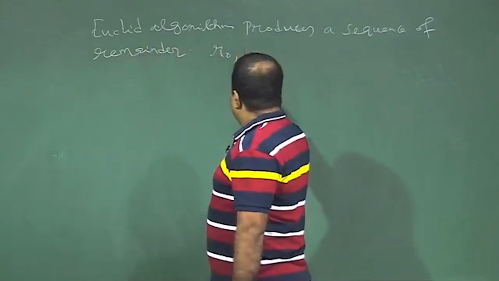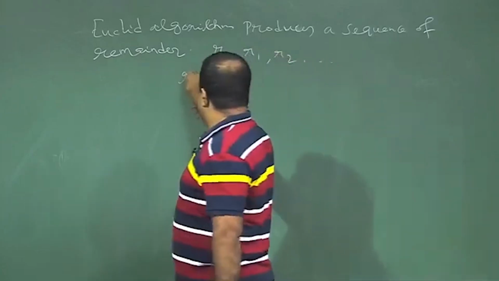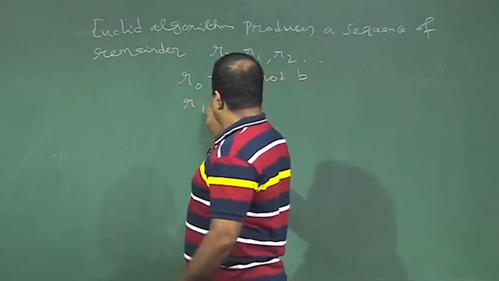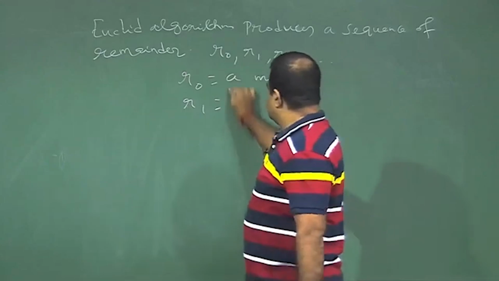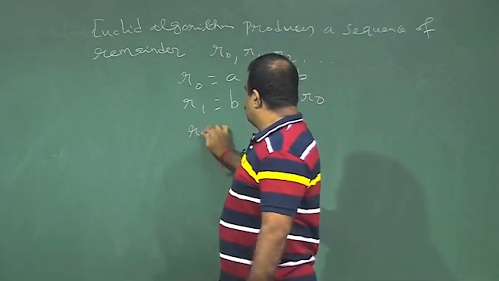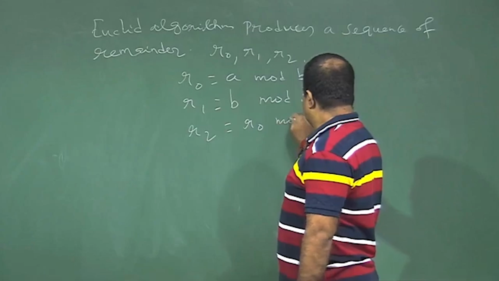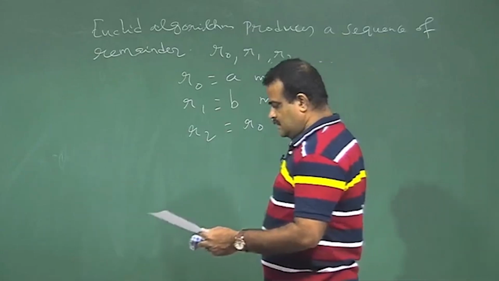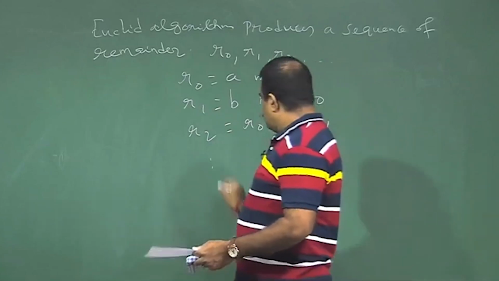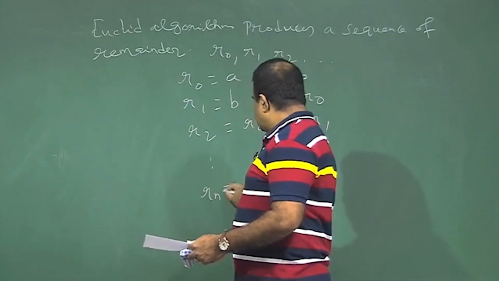We compute remainders R0, R1, R2 and so on, where R0 is equal to A mod B, R1 is equal to B mod R0, R2 is equal to R0 mod R1, like this. So basically we continue this until we get Rn not equal to 0.